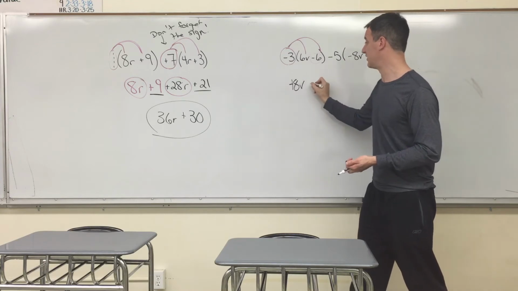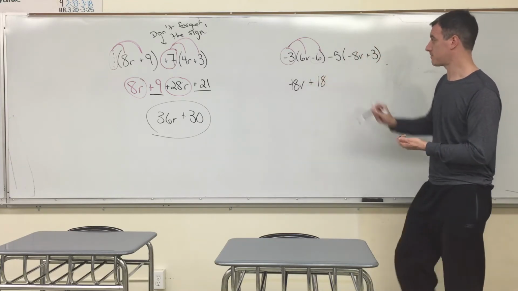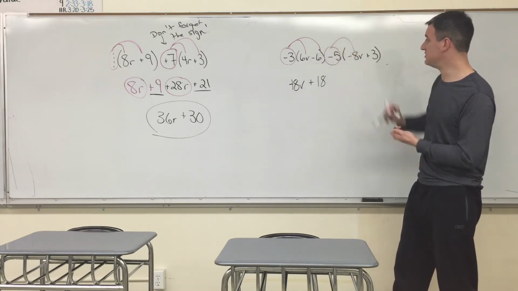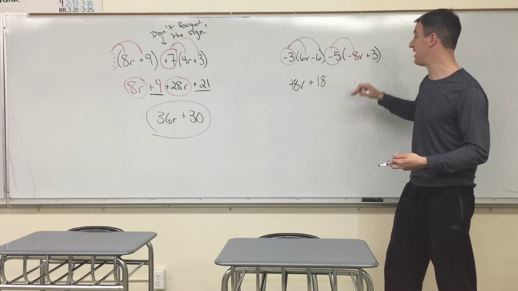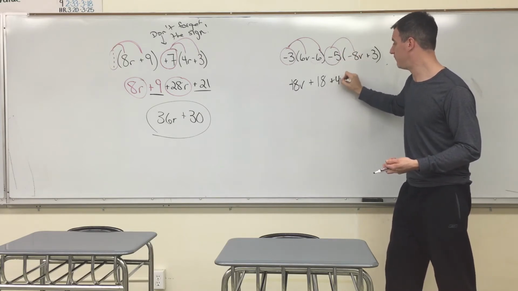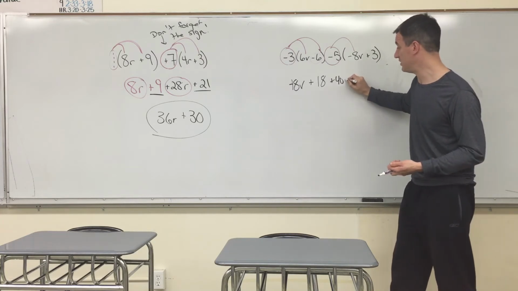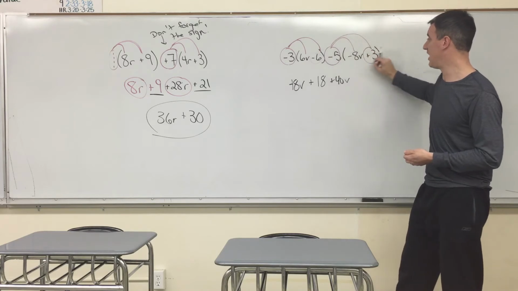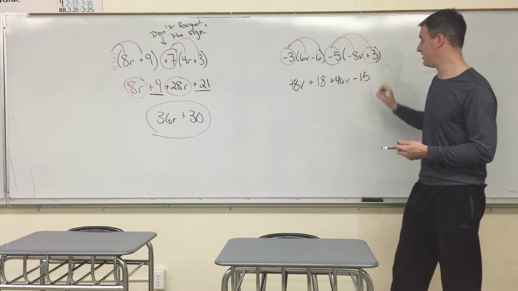Negative 3 times negative 6 is positive 18. Negative 5 times negative 8, negative times a negative is a positive. 5 times 8 is 40, but don't forget v. We're still multiplying this by the v. And then negative 5 times positive 3 is going to be negative 15.